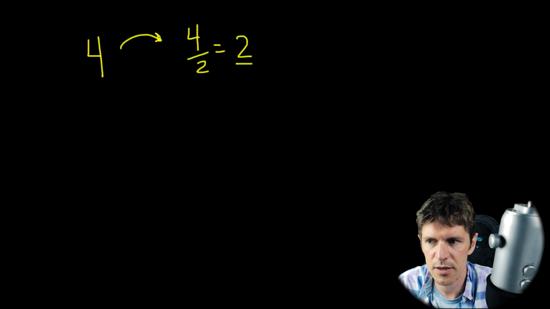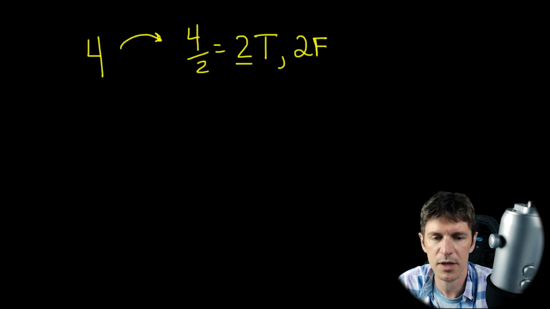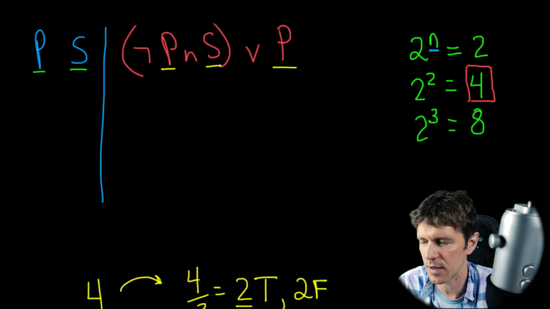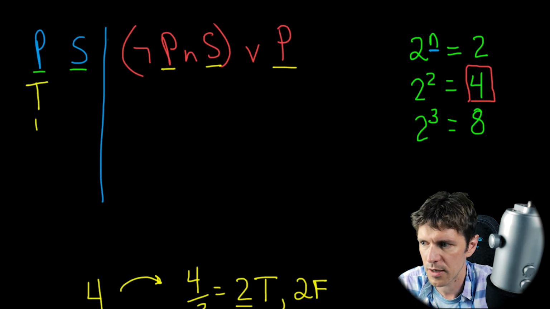This tells us the number of trues we will have in our first column, followed by the number of falses we will have. So we'll have 2 trues and 2 falses. Let's put that in under P right here. So this will be true and true, and then we'll have false and false.